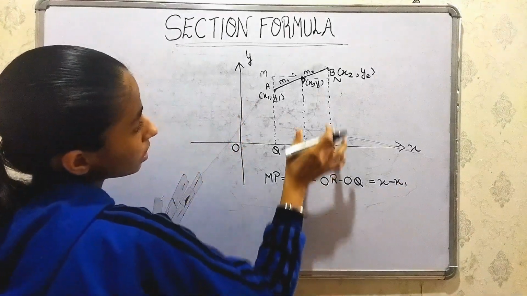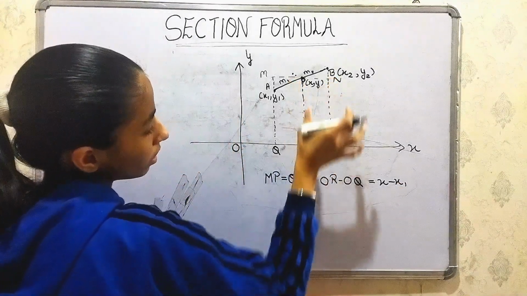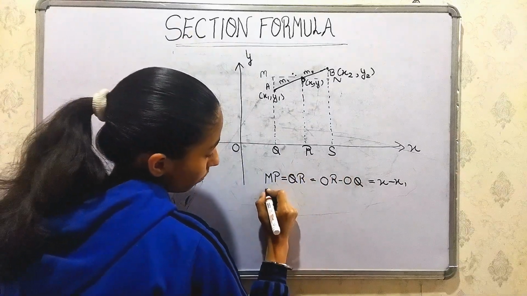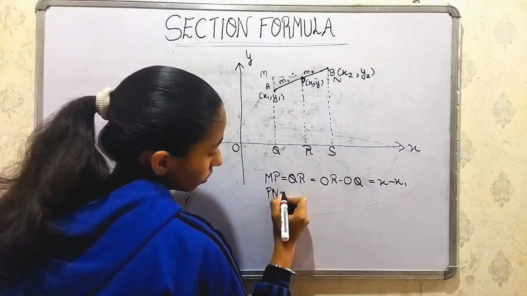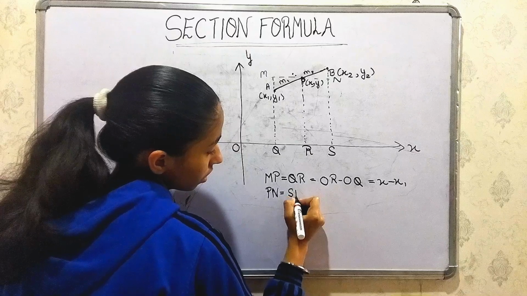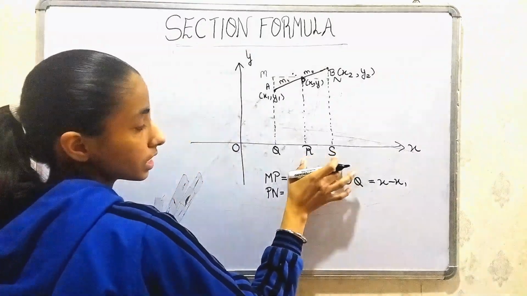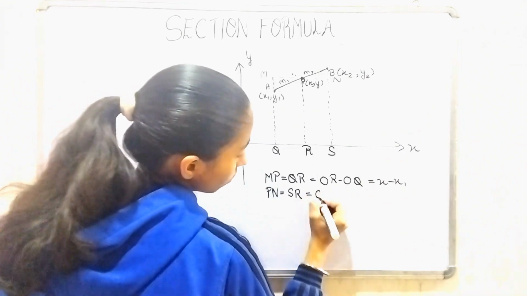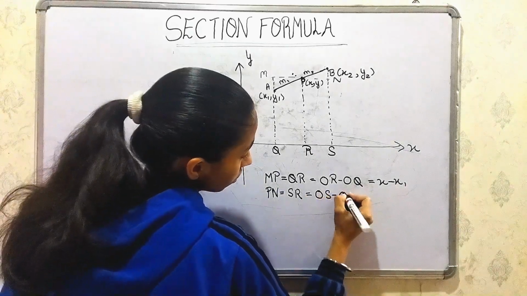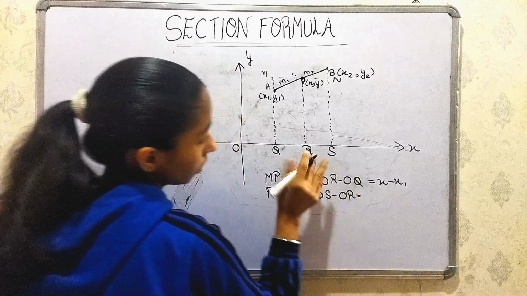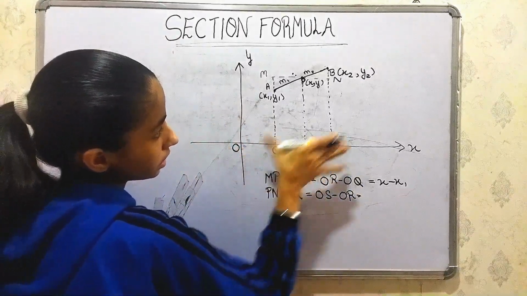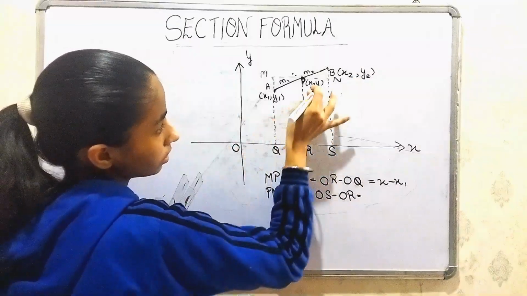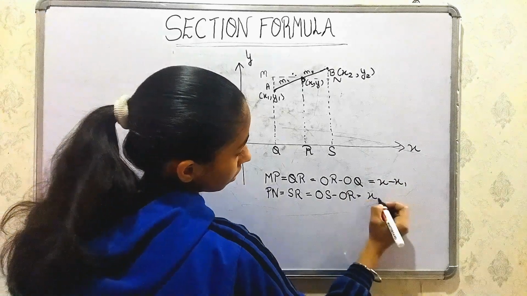Now here we can see that PN is equal to SR, and here what is SR? OS minus OR. OS is x2 and OR is x.